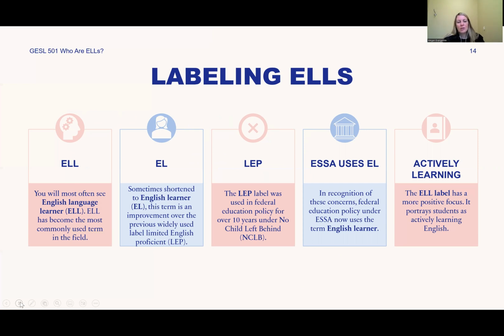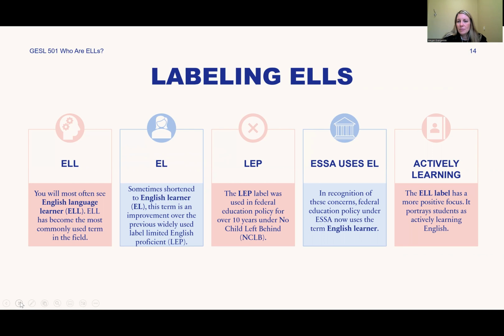And then there's also Limited English Proficient, LEP. So we try to stay away from this term. This was used in education policy during No Child Left Behind. We don't want to focus on the limited English proficiency. That limited part is kind of derogatory in a sense that the student is coming without something.